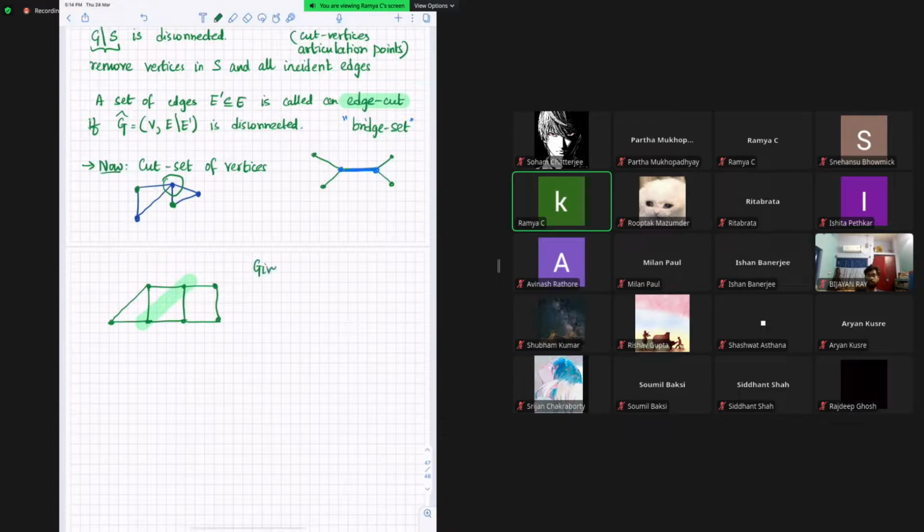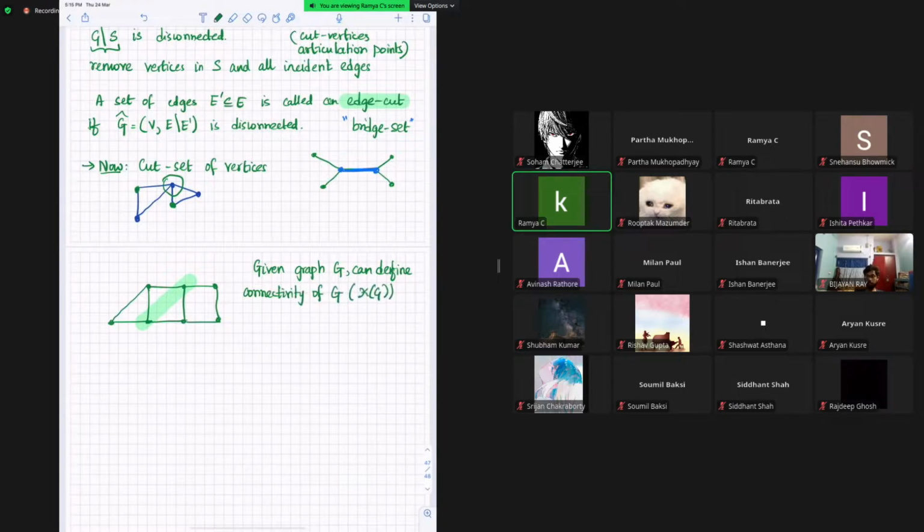So given a graph G, you can define the connectivity of G. This is often denoted by the letter kappa.